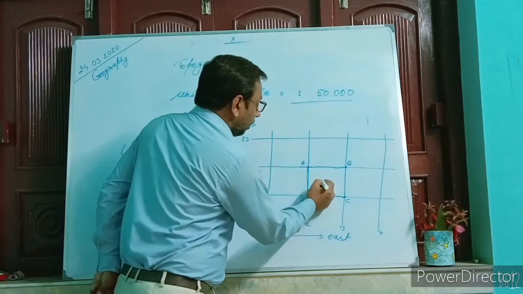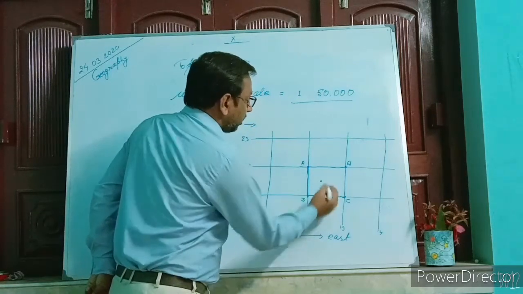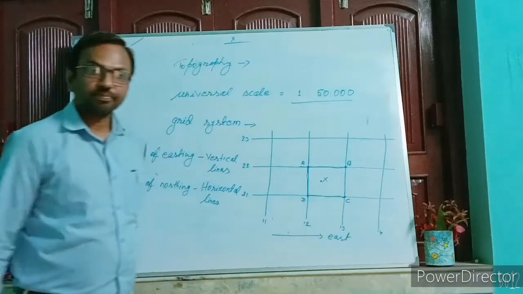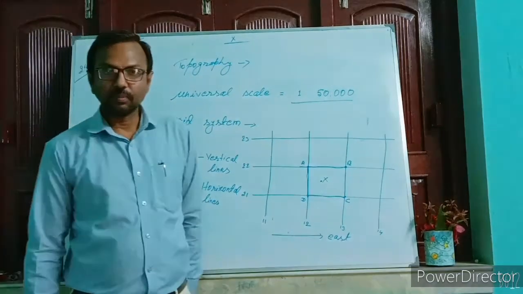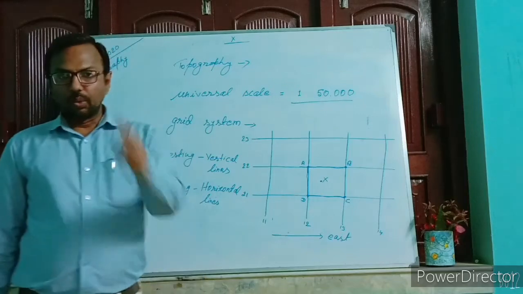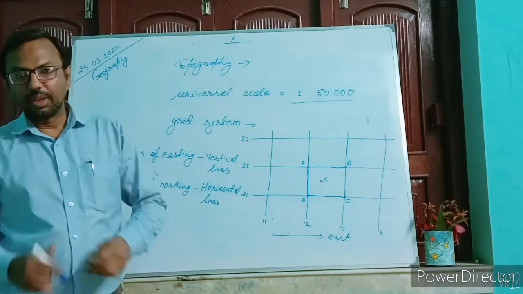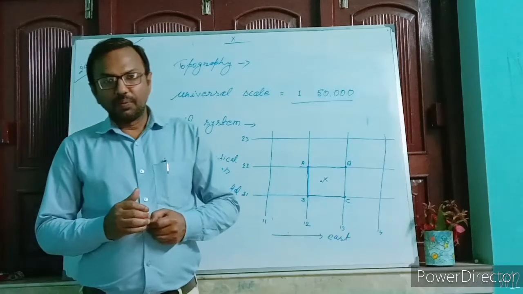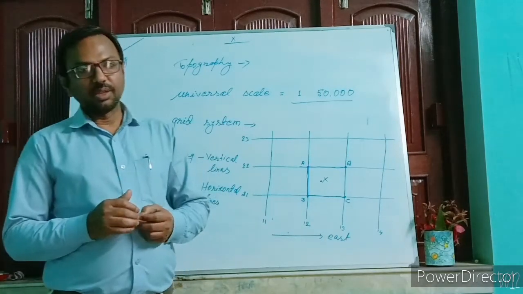For example, suppose here is any place X. Before that, two questions are very important in board examination regarding topo sheet. That is called 4 grid reference and 6 grid reference.